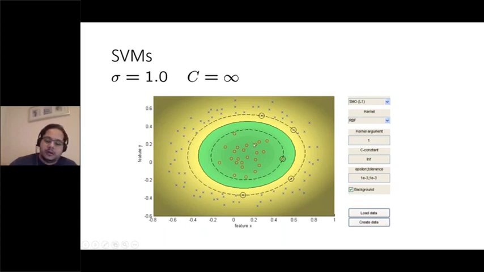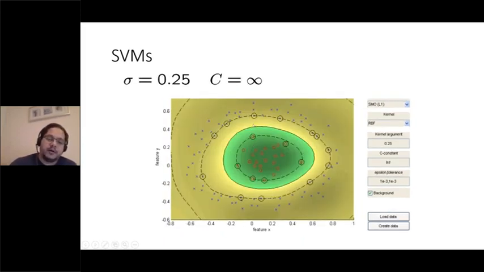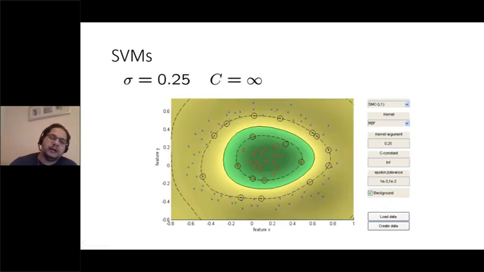When sigma goes lower, you can see that the shape of the warping, how we are warping things in the higher space, is influenced more by the support vectors. So generally, a high sigma tends to generalize better. A lower sigma might overfit. So you need to test and see what's the best sigma in your case as well.